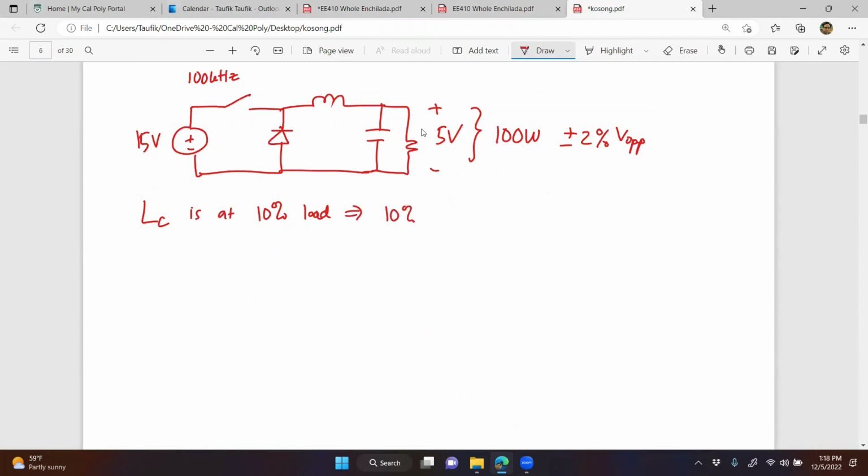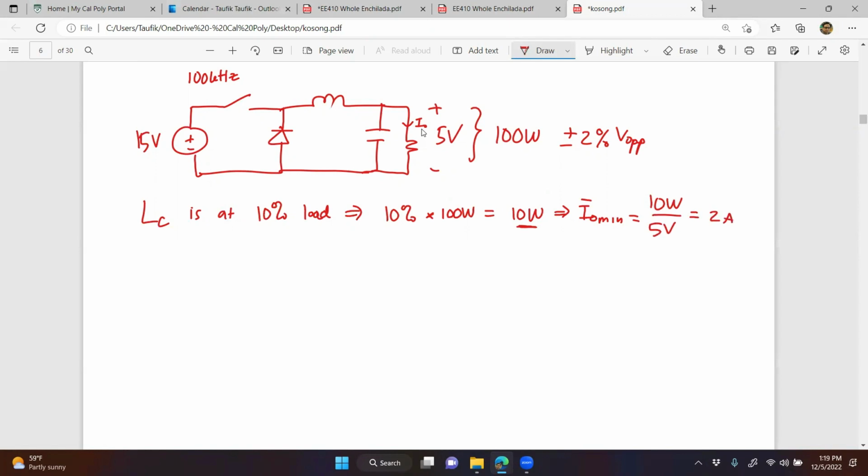That's 10% of 100 watts, which is equal to 10 watts, right? And this translates into I out min average. The average of the output current at minimum wattage at 10 watts is equal to 10 watts divided by 5 volts. That's 2 amps.